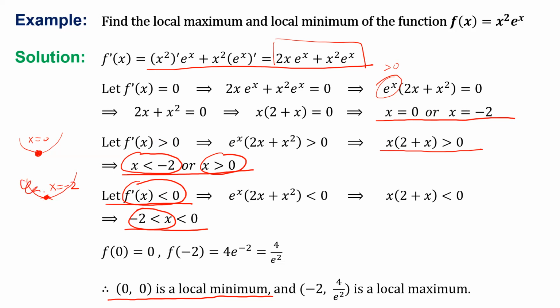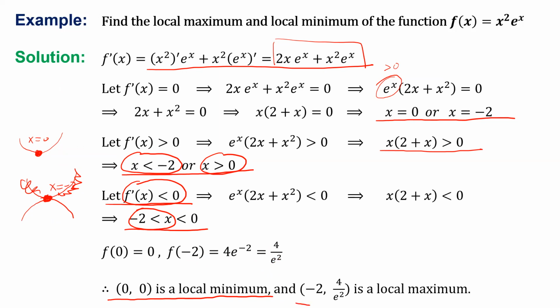Oh, sorry. This should be drawn like when it's before -2, it's positive, so it will act like this way, right? And after that, the first derivative is smaller than 0, which acts like this. So that point is a local maximum. And when x equals -2, f(x) equals 4 over e squared, right?